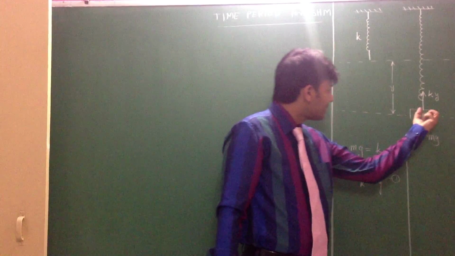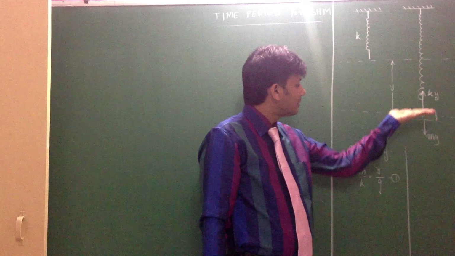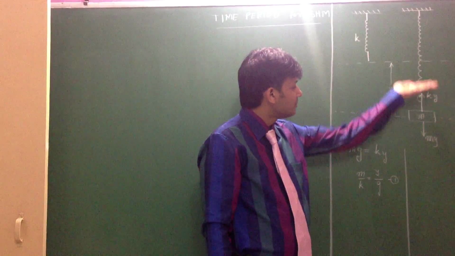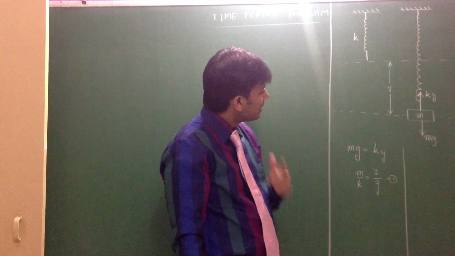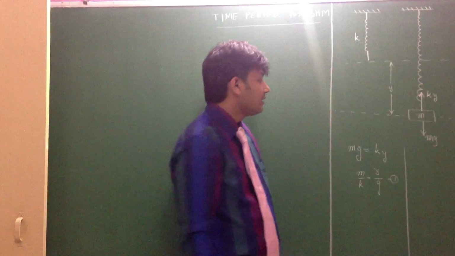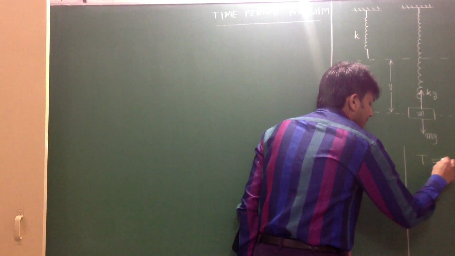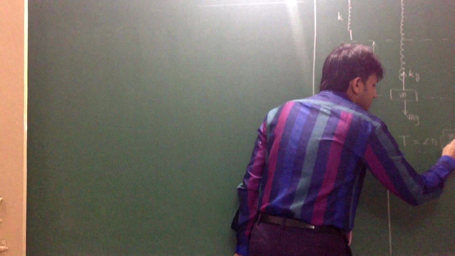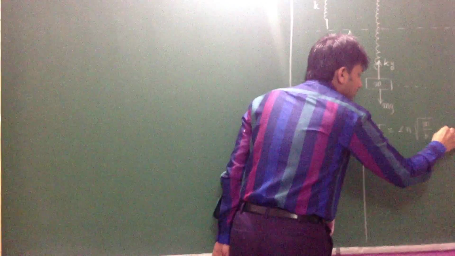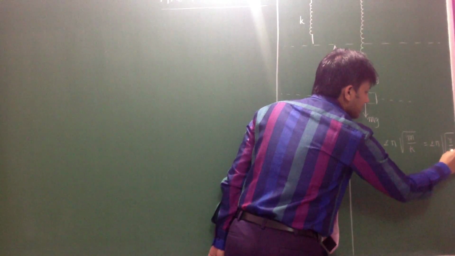If I pull this mass m in the downward direction and just release it, this mass will perform simple harmonic motion with respect to this point. And as you have studied in the theory classes, the time period for that simple harmonic motion is this, where m by k is the same as y by g.